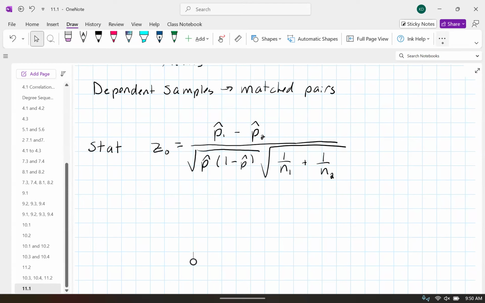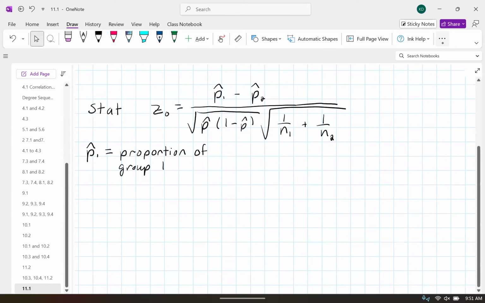These are all slightly different. Your P1 hat and P2 hat are your proportions of group 1 and 2 as appropriate. So those are what we're used to.